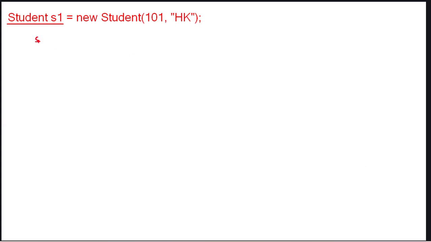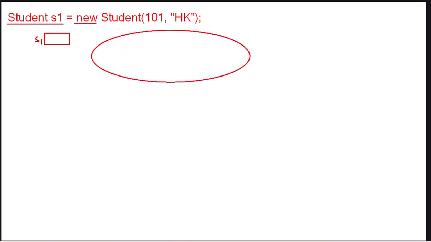First, what happened? The s1 variable is created. Second step, the new keyword. What will the new keyword do? It creates the student class memory.